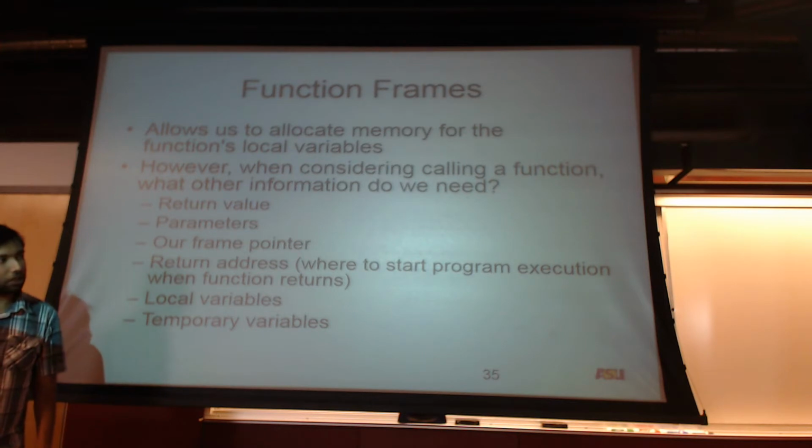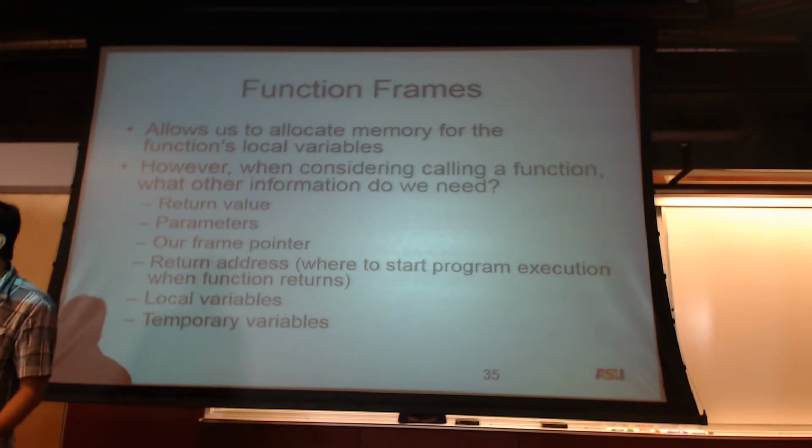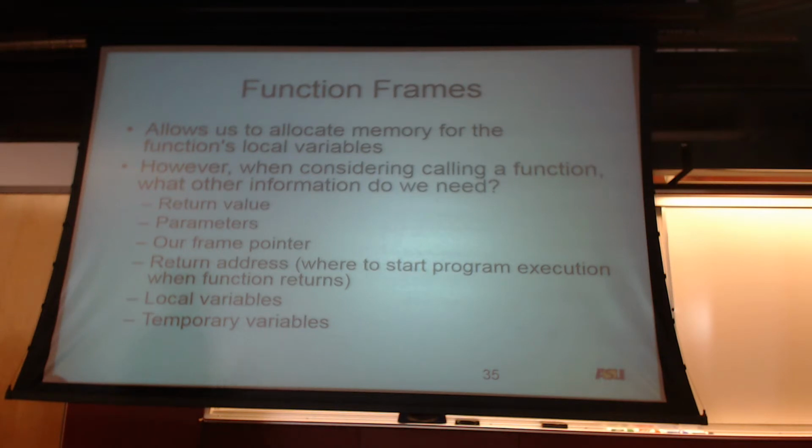Now there are two entities here. First entity is the caller, the function that is calling another function. And the second entity is the callee. It is the function that is being called. Now the responsibility of all these has to be divided among these two. Now how do we divide this responsibility? That is the calling convention, and it is different for different runtime execution engines.